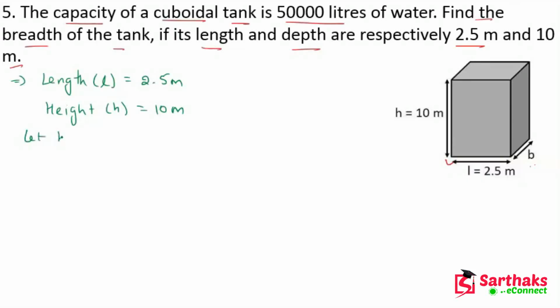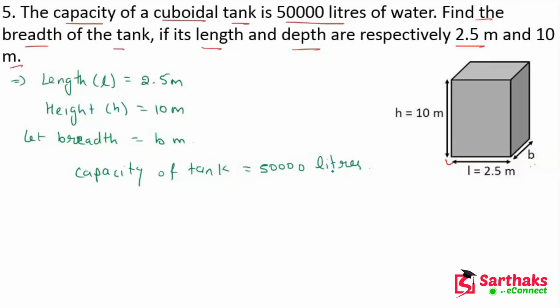Let's suppose the breadth is B meter. Now the capacity of the tank is equal to 50,000 liters.